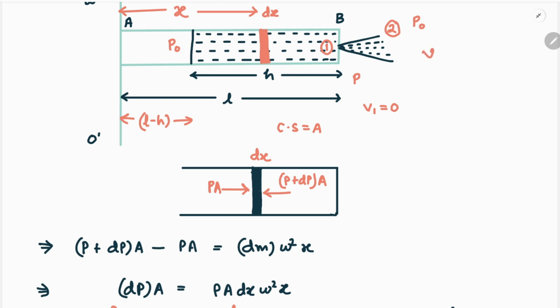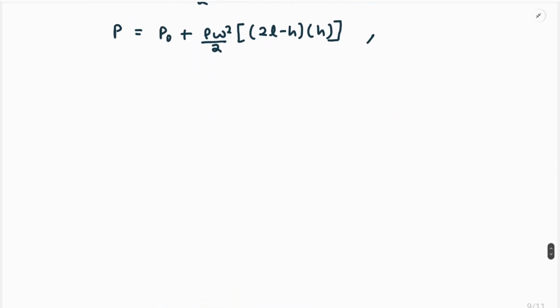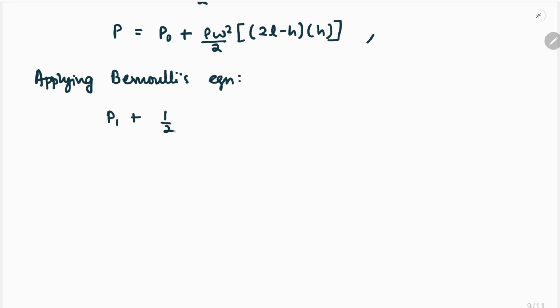They are both at the same horizontal level, so h1 and h2 in Bernoulli's expression turn out to be 0. Applying Bernoulli's equation, P1 plus half rho V1 square plus rho g h1 equals P2 plus half rho V2 square plus rho g h2.